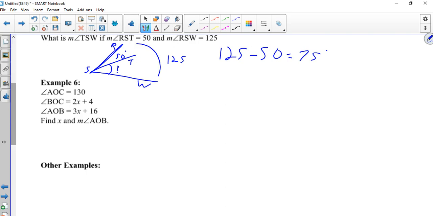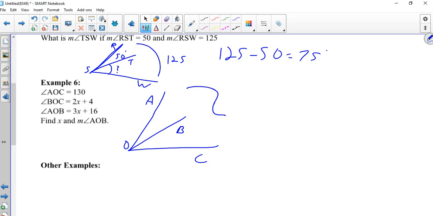First, we got to figure out the big angle and what's in the middle. So here we go. AOC, the big overarching angle, is 130 degrees. BOC, which is the lower angle, we'll call 2x plus 4. And AOB, we'll call 3x plus 16.